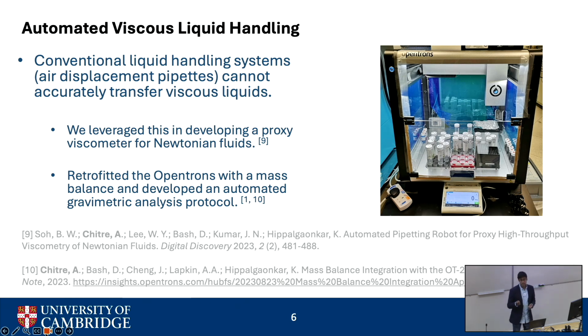So I could try to optimize the liquid handling parameters for some of the highly viscous ingredients that I had, but ultimately we were still not able to accurately and reliably dispense the target amounts from our design of experiments. So we went to installing a mass balance underneath the OpenTrans, and I developed an automated gravimetric analysis protocol to then be able to reliably know what is the composition of the formulations that I am preparing.